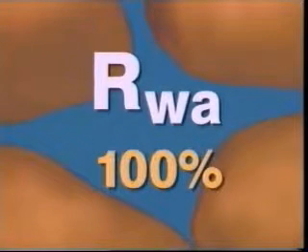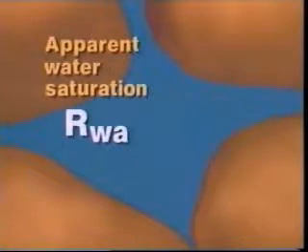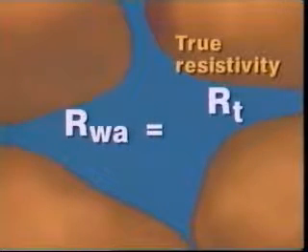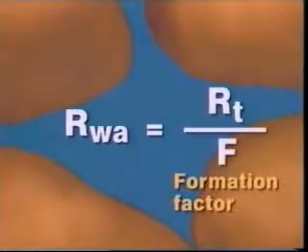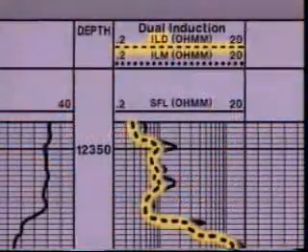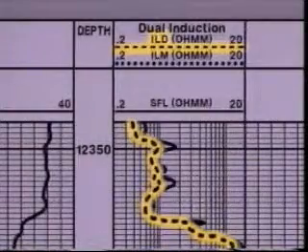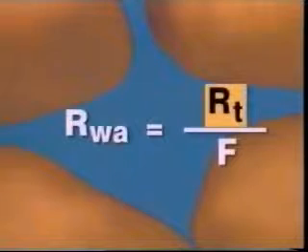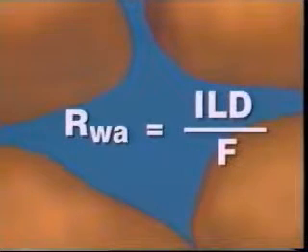In the case where water saturation is assumed to be 100%, the Archie water saturation equation can be written as the apparent water resistivity, R sub WA, equals the true resistivity of the formation, R sub T, over the formation factor, F. If we assume that the deep induction log curve records the resistivity of the uninvaded zone, we can replace R sub T in our formula with ILD, the value of the deep induction curve.